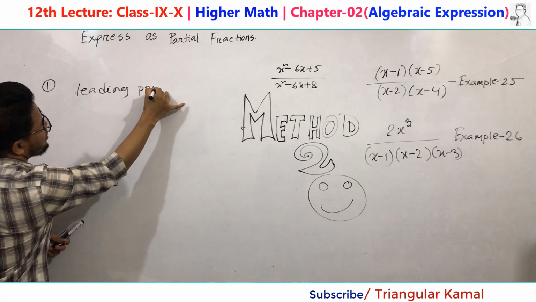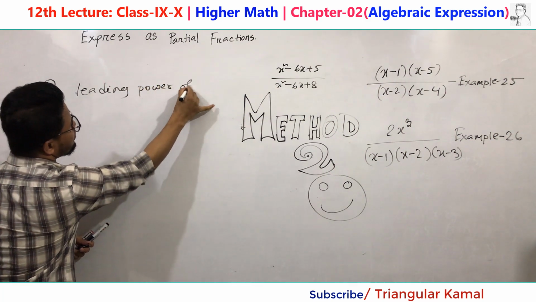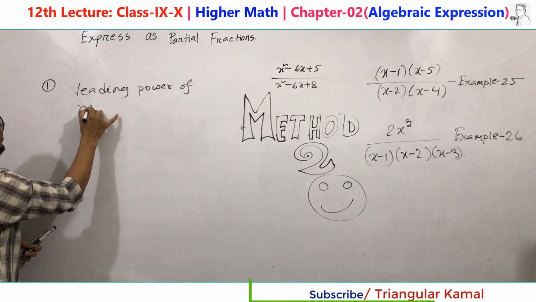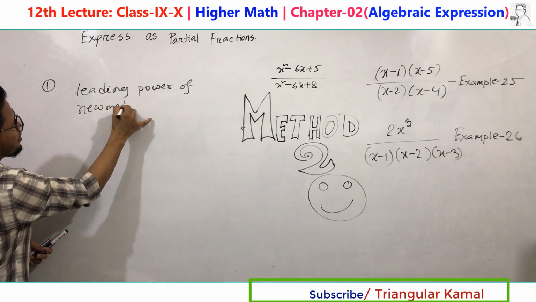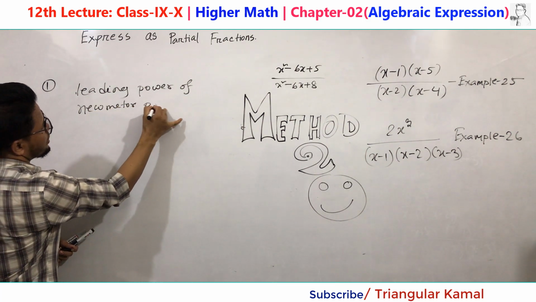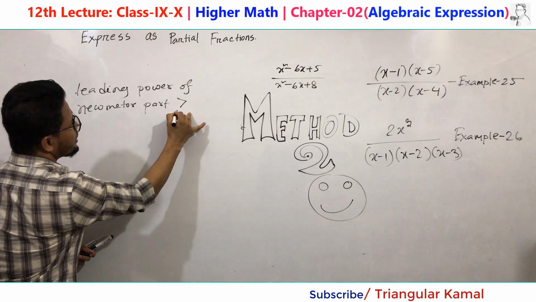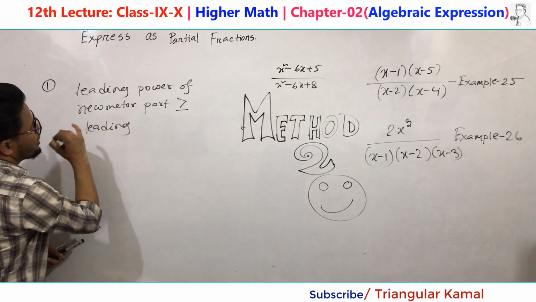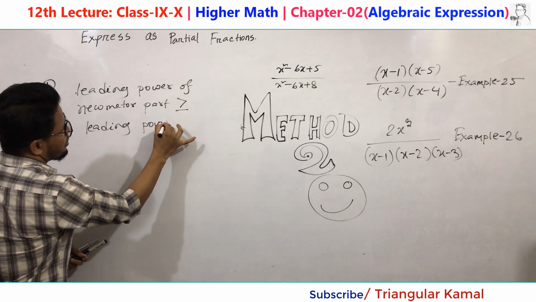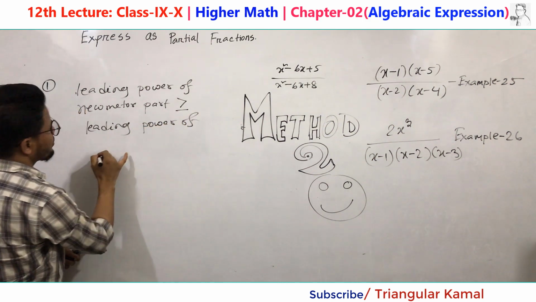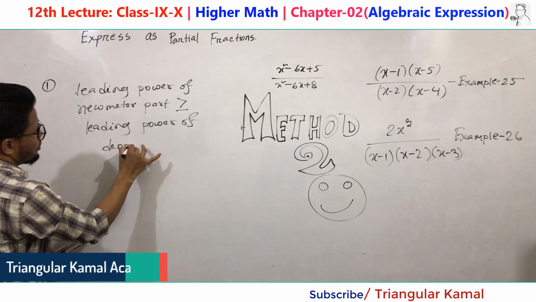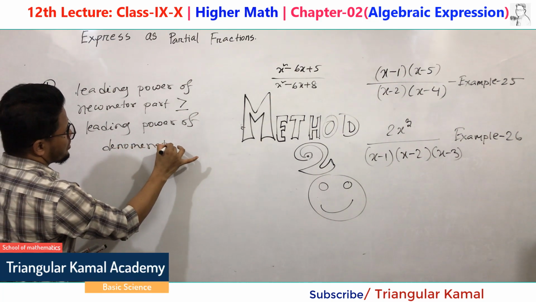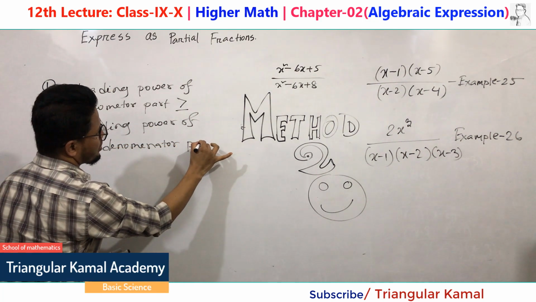Condition number 1: the leading power of the numerator part is greater than or equal to the leading power of the denominator part.